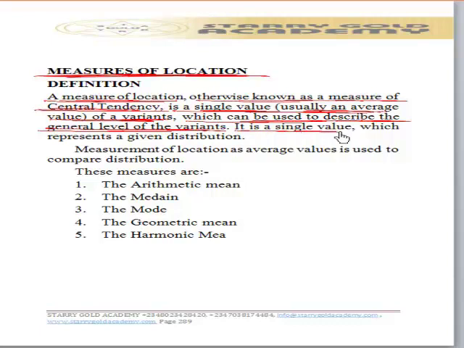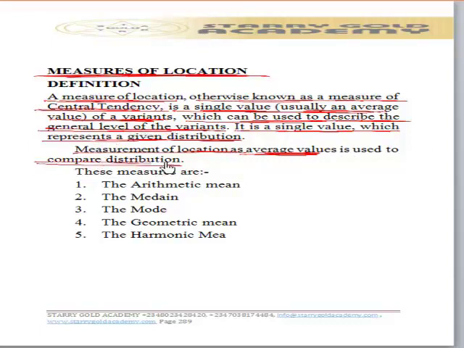This single value represents a given distribution in any statistics. Measures of location are usually regarded as average values, and in many instances these values are employed for comparing distributions in various statistical values.